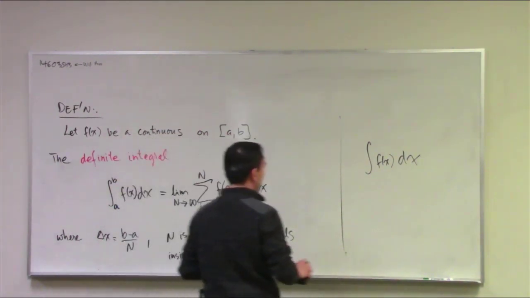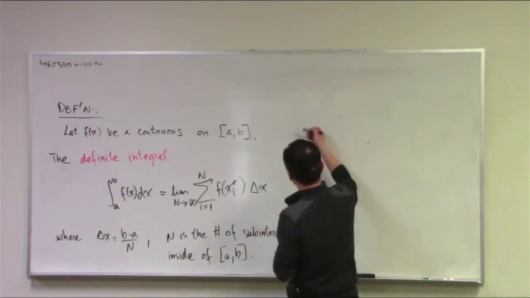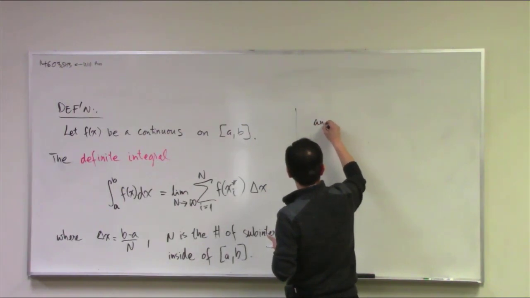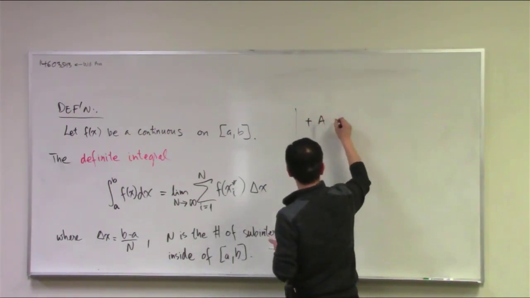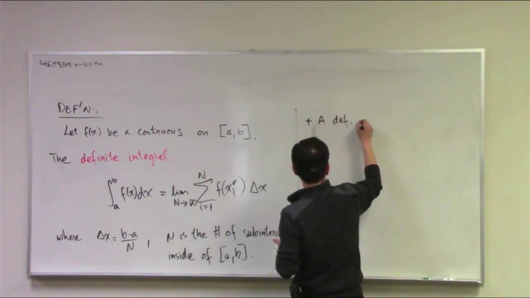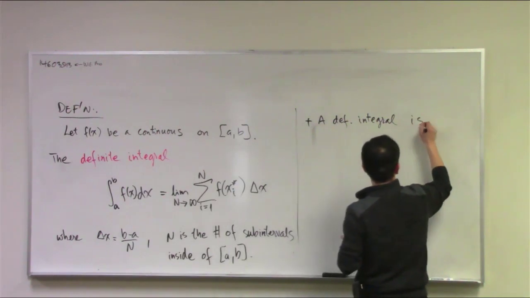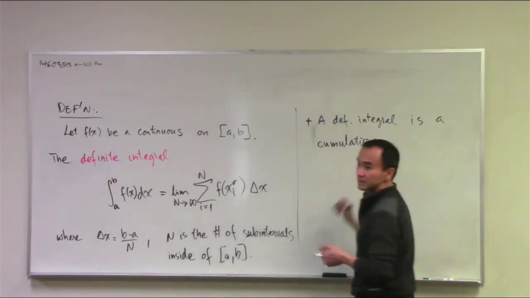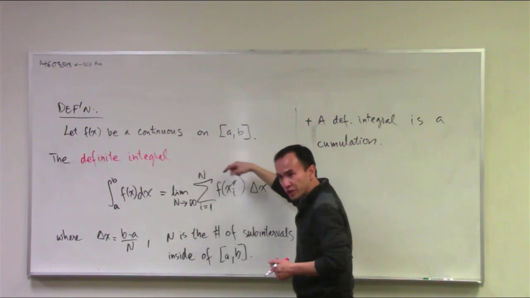So at this point, when I'm talking to anyone about this, I can always tell them that a definite integral is an accumulation, because adding up, summing up, means we're accumulating values.